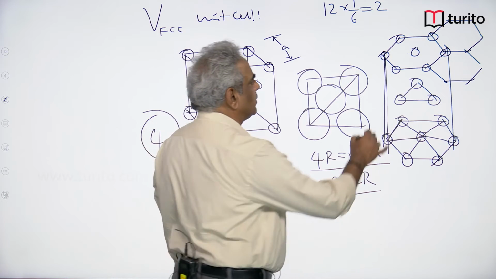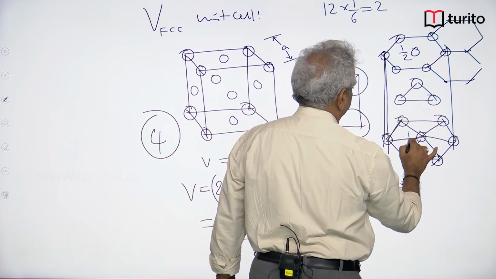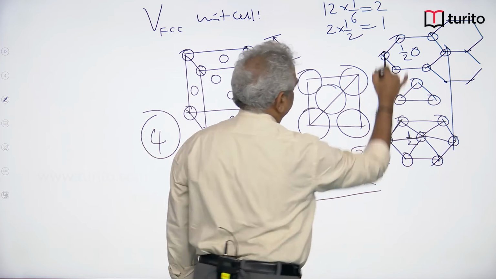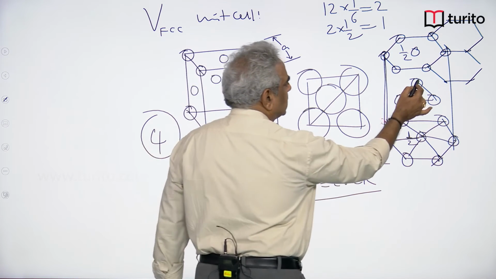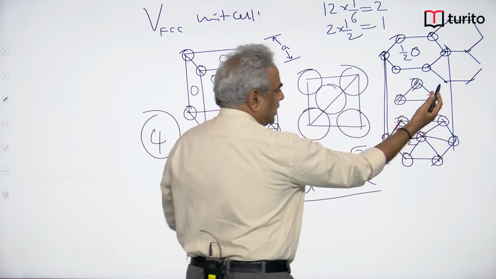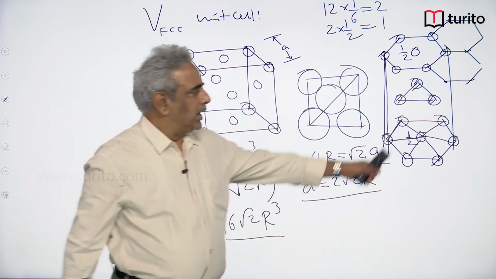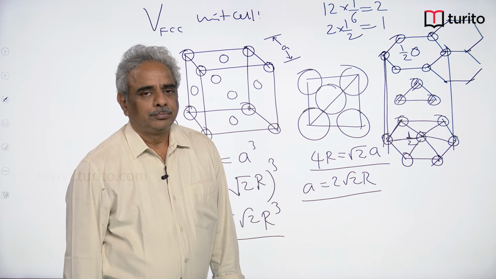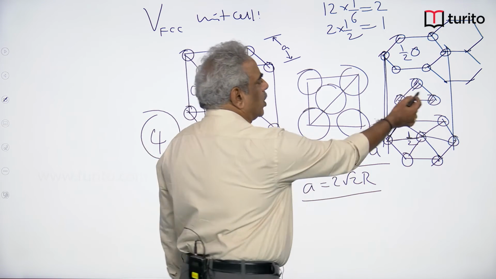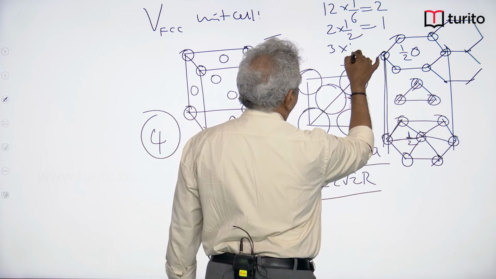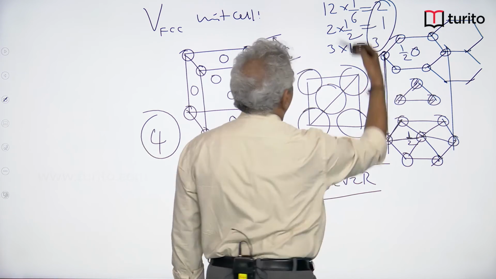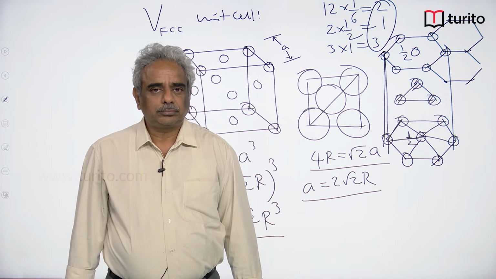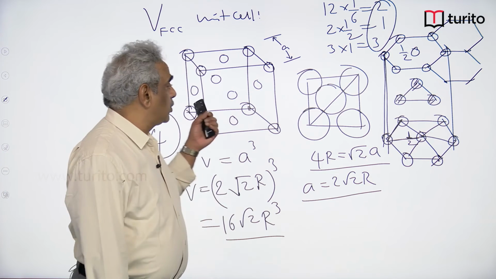Each face center atom is half. So, 2 into half makes 1, and there are 3 spheres inside the hexagon, a little inside. They are not being shared by nearby unit cells. So, what can you conclude? These 3 totally belong to this, 3 into 1, 3. So, put together there are 6 spheres per unit cell with the same closeness like this.